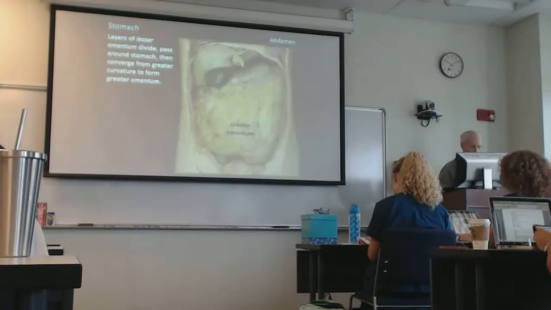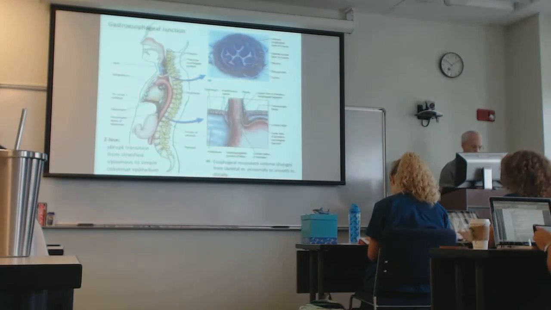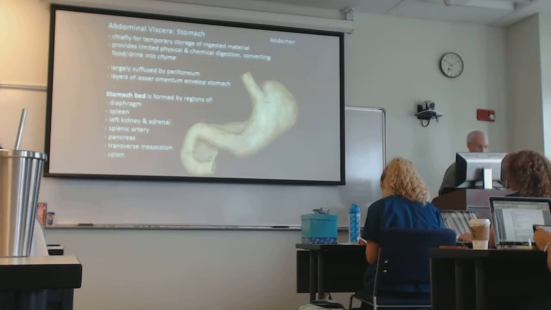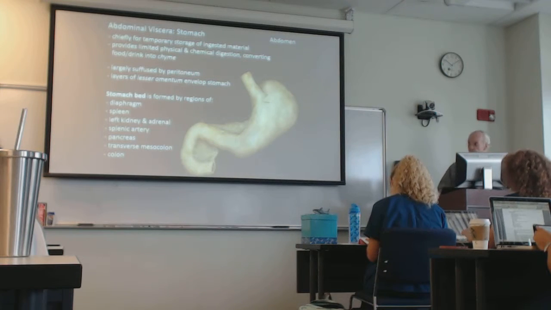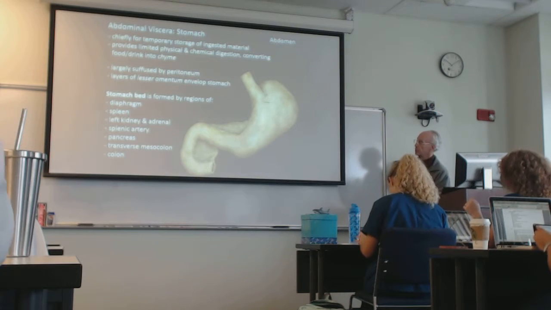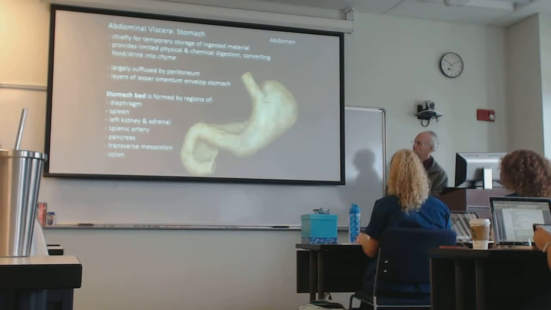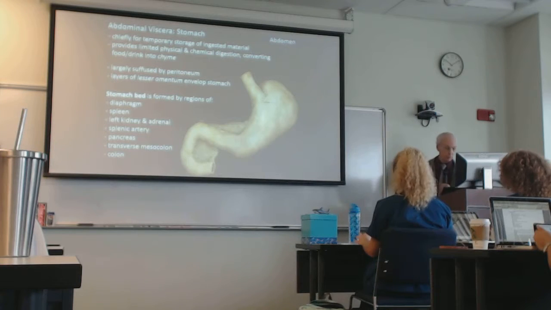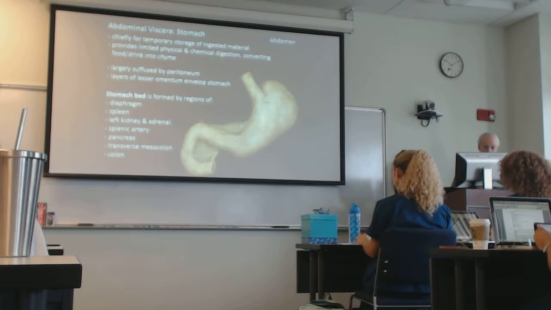Anatomically, again, we'll have a better picture of this, so I think I'll just defer that. We have some regions here we need to talk about, but I think we'll defer that until we look at those images. But we mentioned that the stomach, now that we're down to the stomach, is primarily a storage tank. It's not so important for digestion. It's not so important for absorption of nutrients, although it has limited ability to do both.